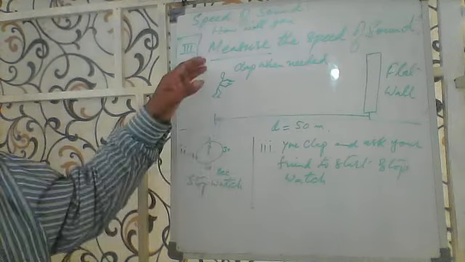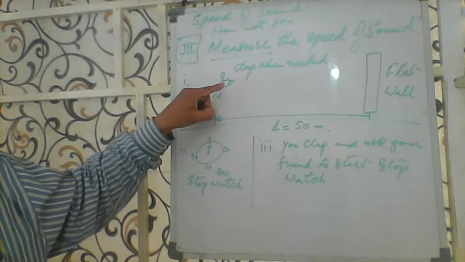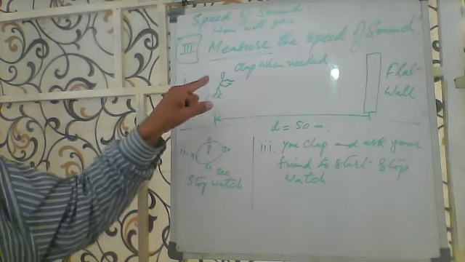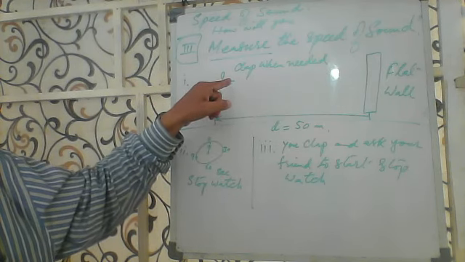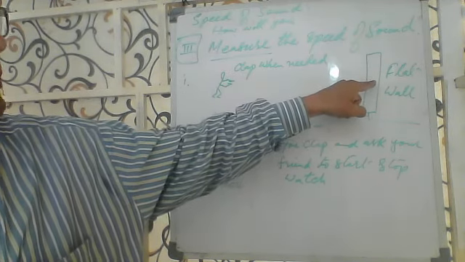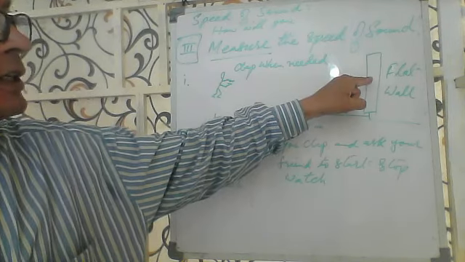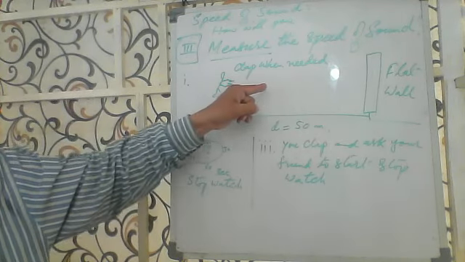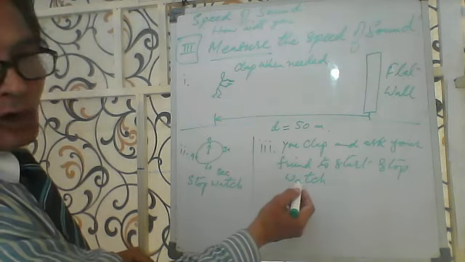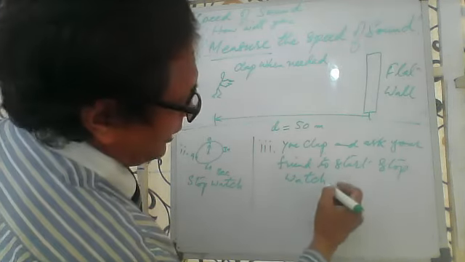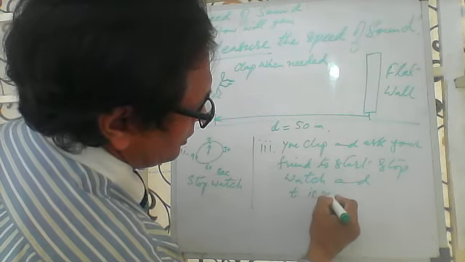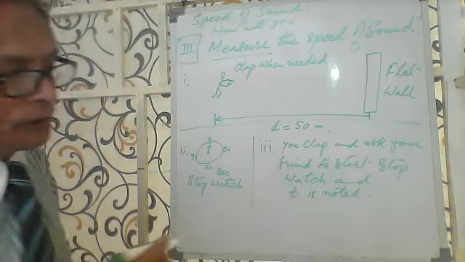Simultaneously means at the same time. You clap and your friend starts the stopwatch. When the sound travels from your clap, reaches up to this flat wall, hit it and bounces back and comes back up to you, then the stopwatch is stopped and time t is noted.